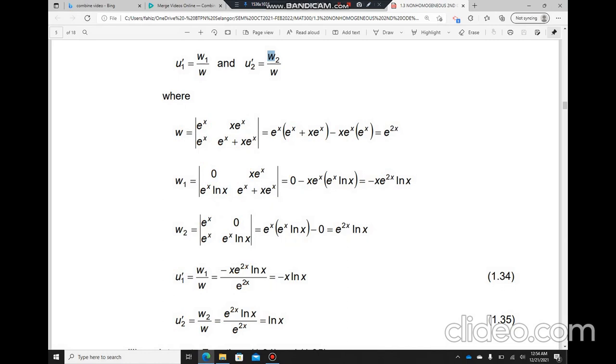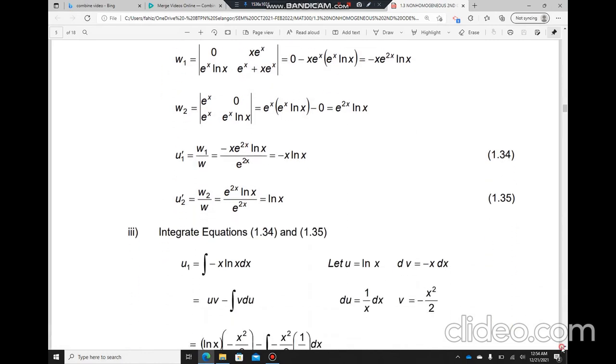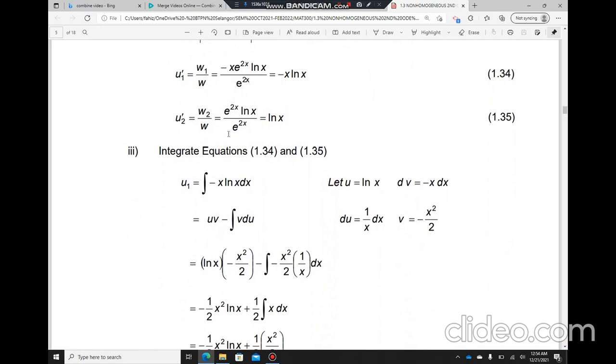Okay, next. Kita nak cari nilai U1 dengan U2 sebenarnya. Kat sini formula untuk U1 prime and U2 prime. Macam mana kita nak cari U1 and U2? Untuk dapatkan U1 and U2, awak just integrate U1 prime and U2 prime. Untuk integrate negative x ln x, we use method integration by parts.